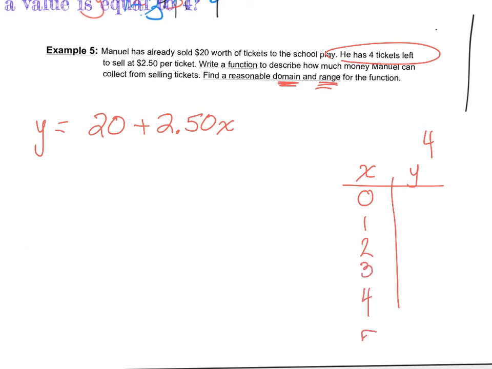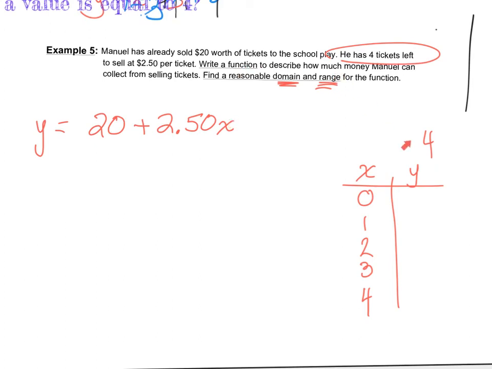But you cannot put 5 in here because he doesn't even have 5 tickets to sell. So the function equation would be the equation that tells you, in this case, how much money he can collect. Let's say that is y. And that amount of money he can collect is going to equal the $20 that he has plus the $2.50 multiplied by the number of tickets he sells.